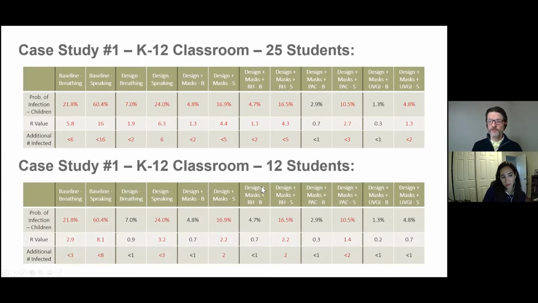So now we're just multiplying by 12 instead of 25. So we have a lot fewer people potentially that can become infected. And so that's why de-densifying is a major strategy. The other thing that does, and after Danny goes through this case study on the tool, I'm going to pull in the other thing on top of that, is that it also impacts the potential that you have somebody in there that's infected, which is something important to consider.